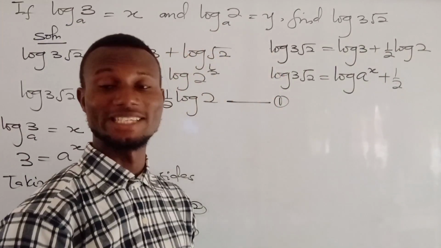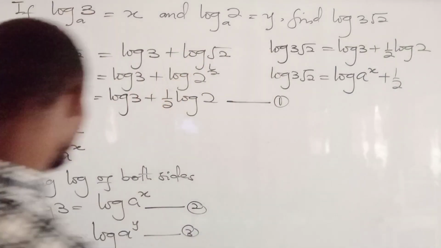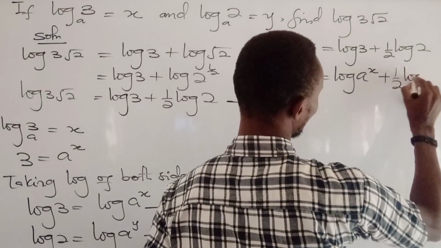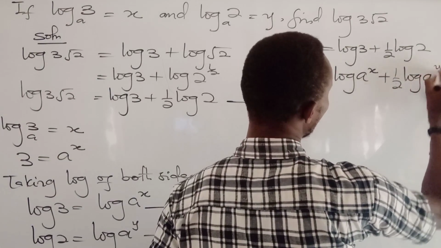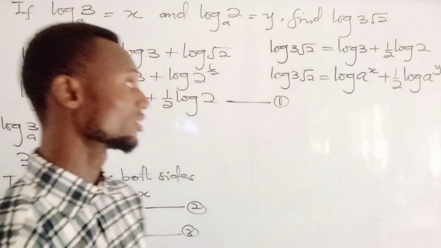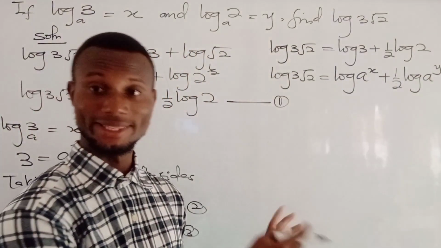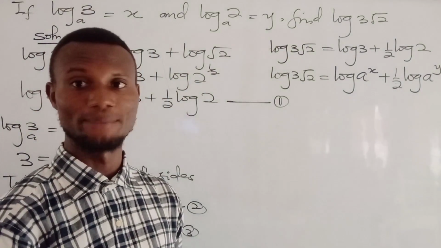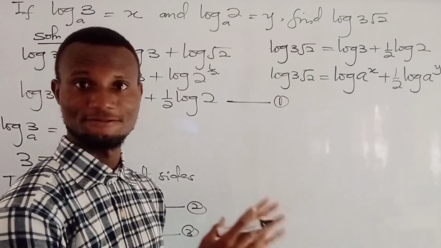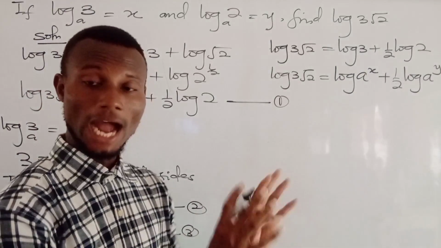I'm going to put the value of log 2 there. The value of log 2 is log a to the power y. I hope you understand up to this point. So we just substitute the value of log 3 and log 2 into equation 1. Let's go ahead and simplify further.